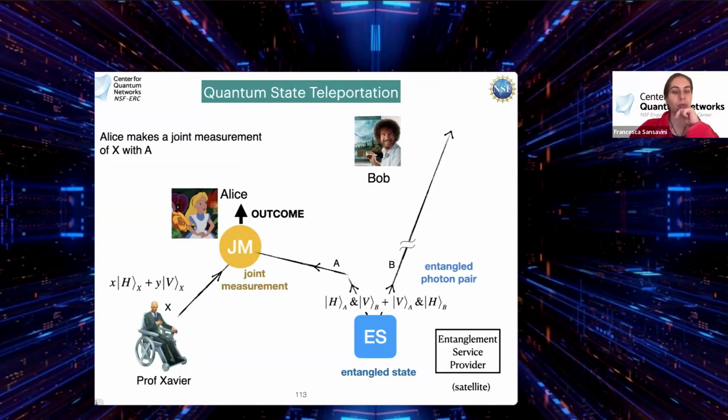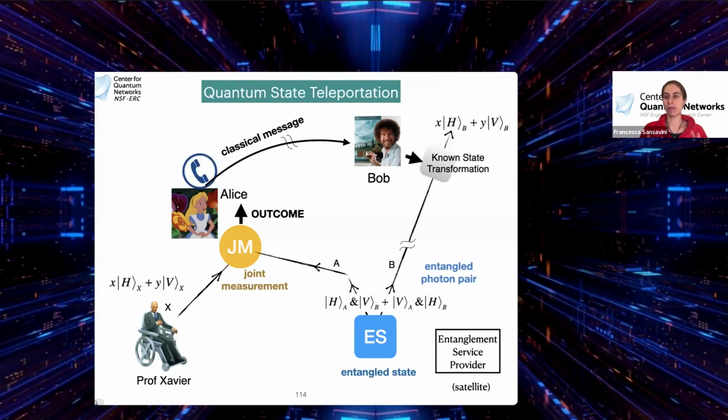And then what they do is that Alice makes a joint measurement on Professor Xavier's photon and her part of the entangled state, so the A photon. And then she will read the outcome.